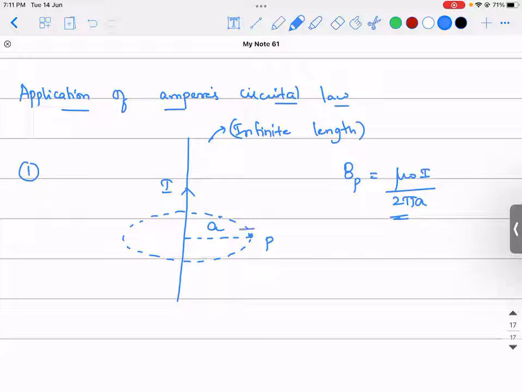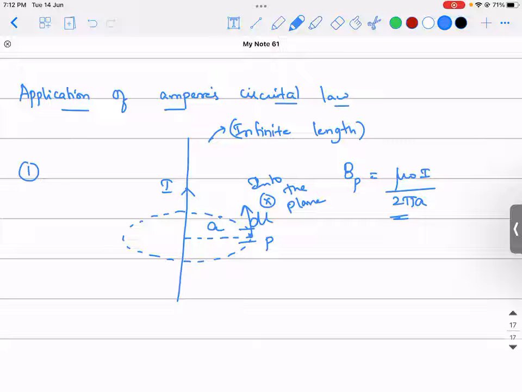On the Amperian loop, I'll consider a small element dl and give direction to it in this way. So this dl is actually into the plane. Are you able to understand? So when you have a current carrying conductor, the Amperian loop is like this, dl is into the plane. There is a direction of current, there is a direction of dl.